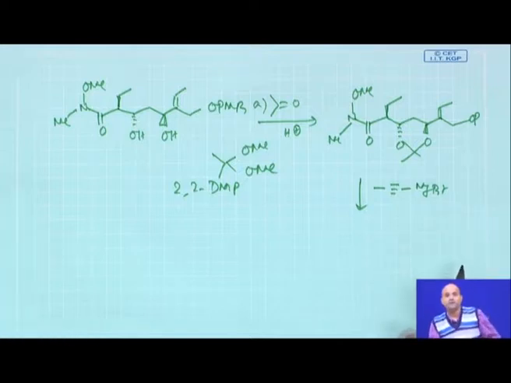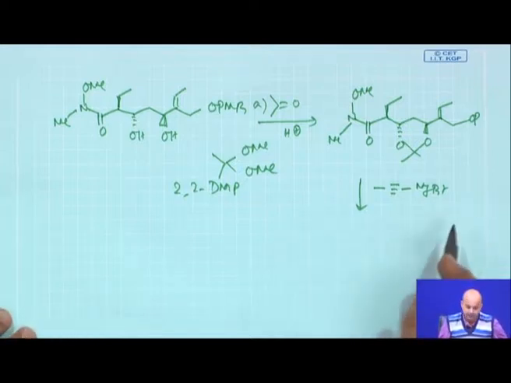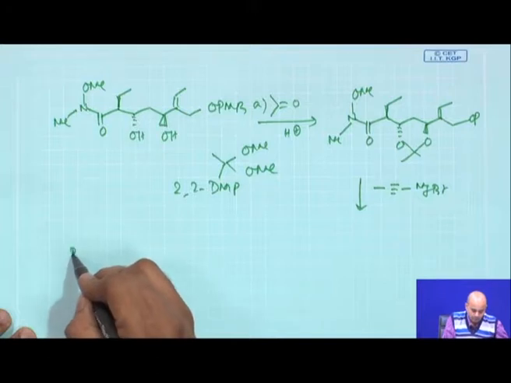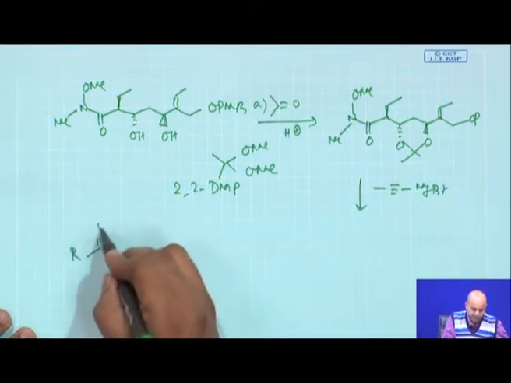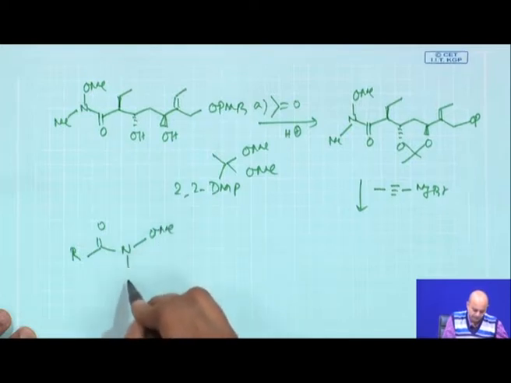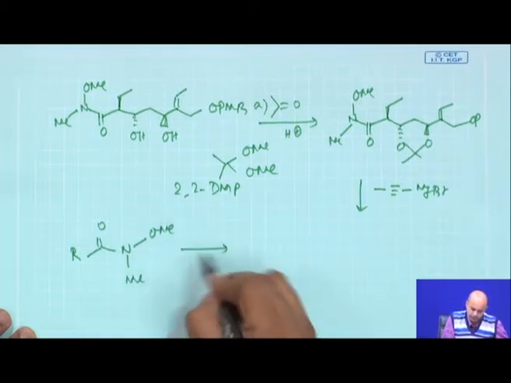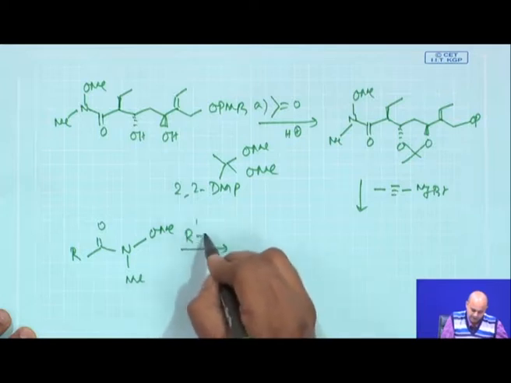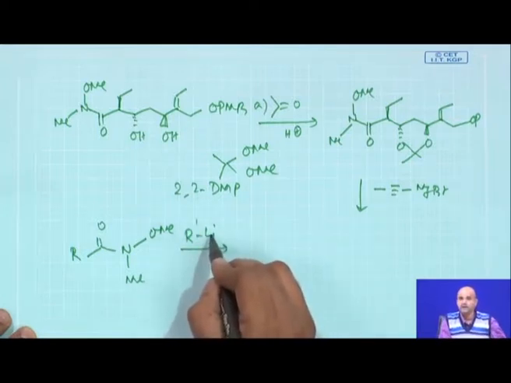Now, probably it is time to explore why the Weinreb ketone synthesis is so selective. I say the Weinreb amide is basically an amide. Now, you react with any alkyl lithium species or any Grignard species.